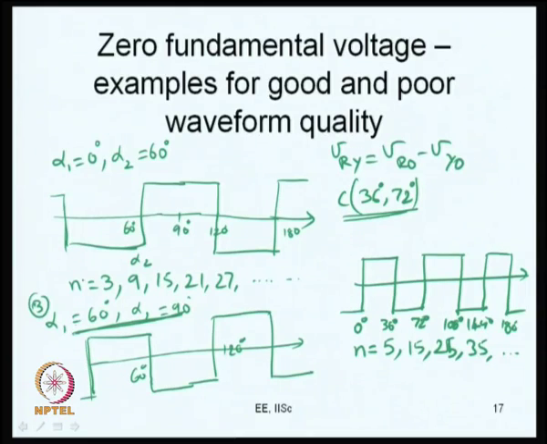So, if you take the first two cases of A and B and consider VRY, VRY will be 0. The fundamental voltage will be 0, and also the harmonic voltages will be 0, because VRO contains only the third harmonics, and third harmonics get subtracted. Whereas if you take this point C, it is a fifth harmonic square wave.